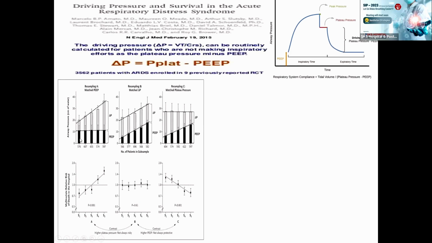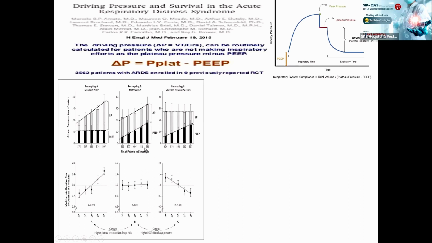In patients with the same amount of PEEP, if the driving pressure needed to open up the alveoli is increasing, it causes an increase in mortality. So with the same amount of PEEP, if driving pressure is increasing, it causes more mortality.